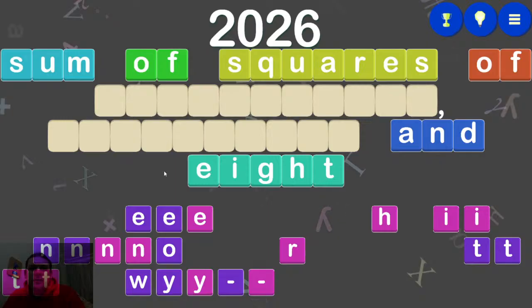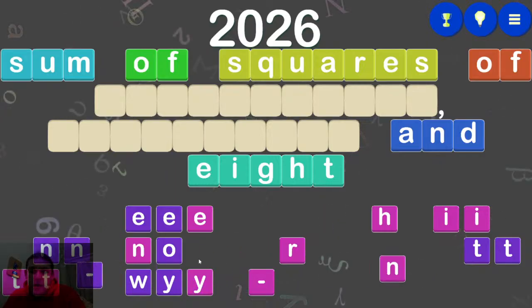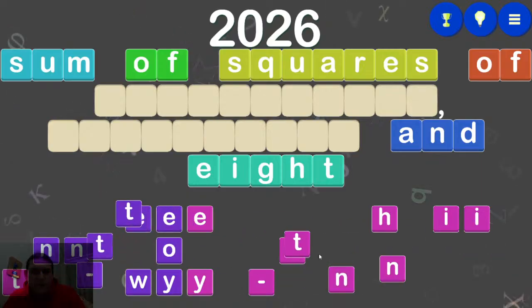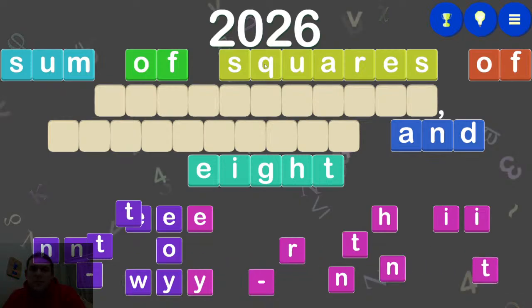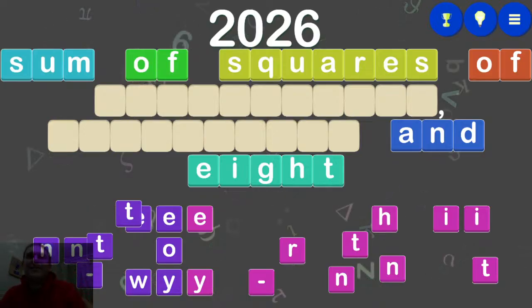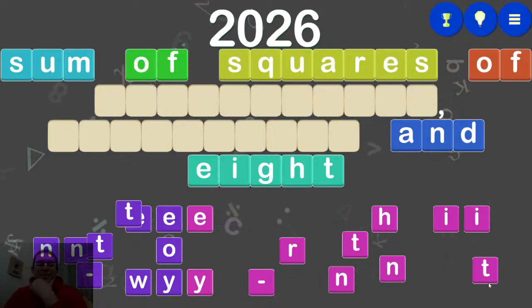Sum of squares of. And we have two long words, double digits, because they have a hyphen. It's sum of squares of something, and 8. Hi, glad to see you. So we have this puzzle almost solved.